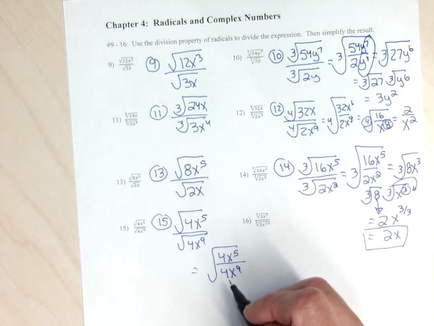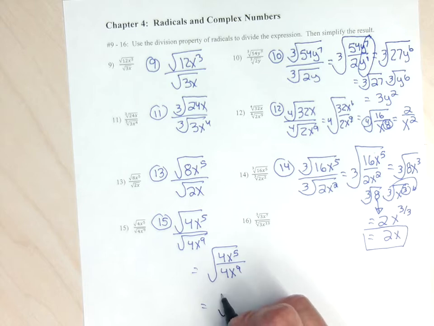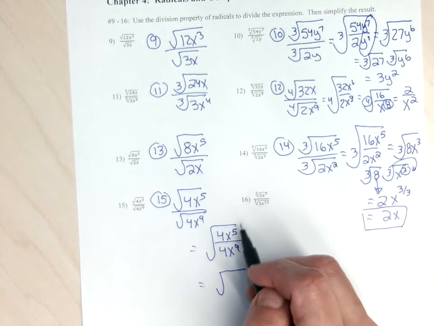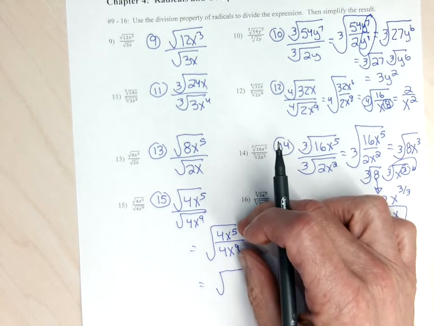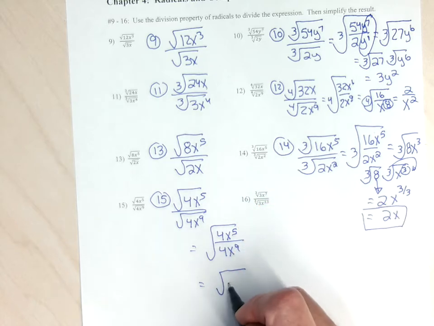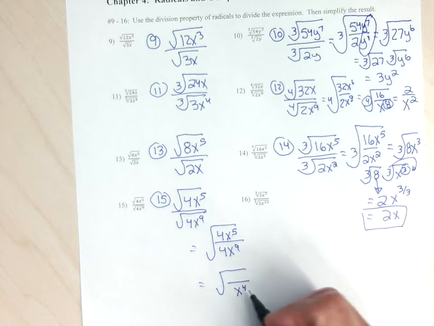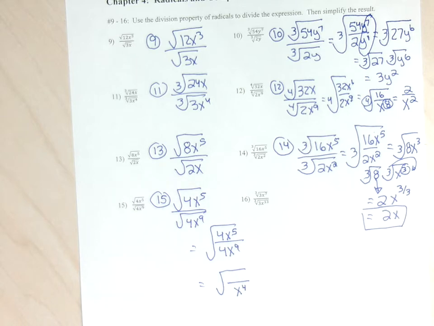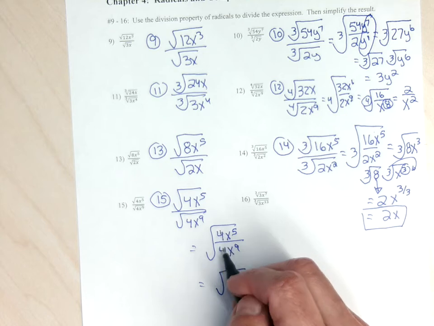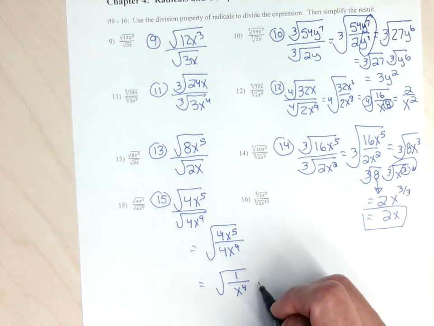The 4's are going to cancel, and the x's have to wind up in the denominator because when I'm dividing and there's positive exponents and the bases are the same, I subtract the big exponent minus the small exponent. I leave the variable where the bigger exponent is. So the x is going to wind up in the denominator. I can't write a fraction without a numerator. In the numerator, it's just going to be the 4 divided by 4, which is 1.